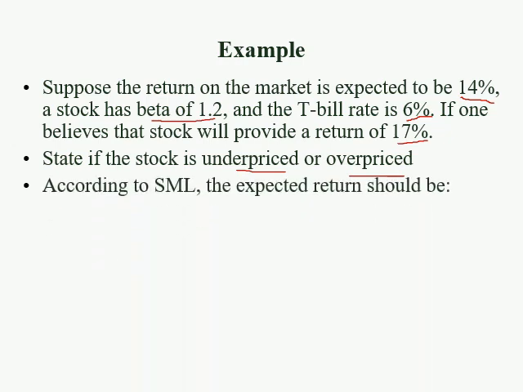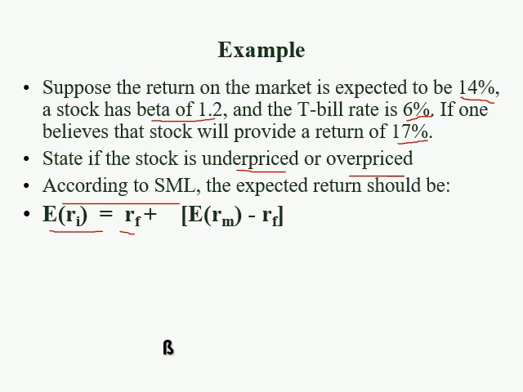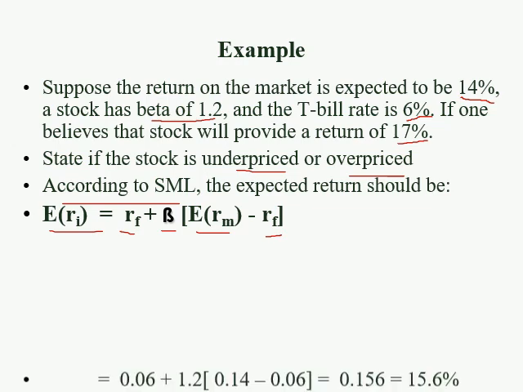Here we will use CAPM. According to the SML, the expected return should be, according to the CAPM equation, ERI, or the expected return of I, equals RF plus beta multiplied by ERM, expected return of the market, minus RF, the risk-free rate.